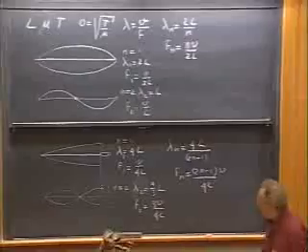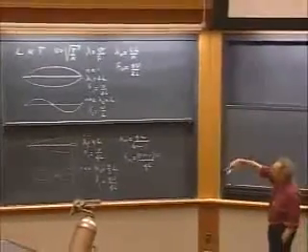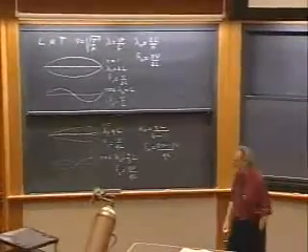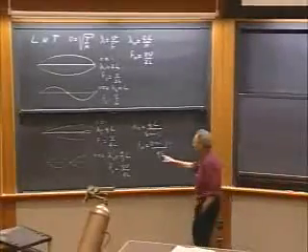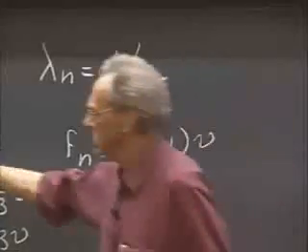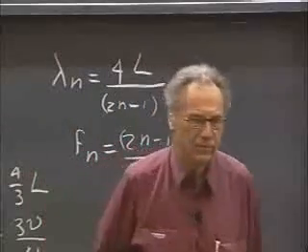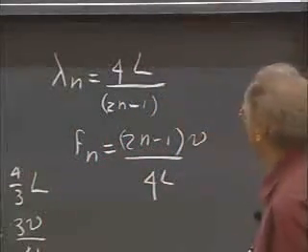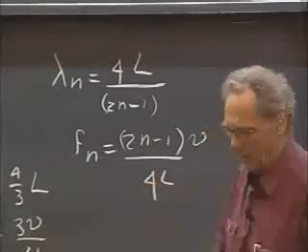And so what you see now, if we take both systems and suppose L were the same, mu were the same, and T were the same, then f1 in this instrument is half the frequency of f1 there. Because there you have downstairs a 2L, and here you have a 4L.